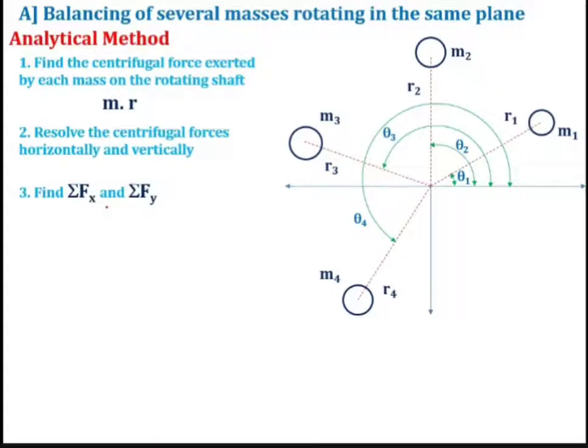Then you have to find the summation of Fx and the summation of Fy. What is summation of Fx? Summation of Fx is nothing but the summation of H. Even if you are not drawing this phase diagram, that is okay.